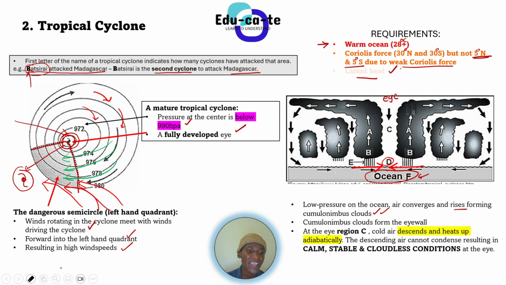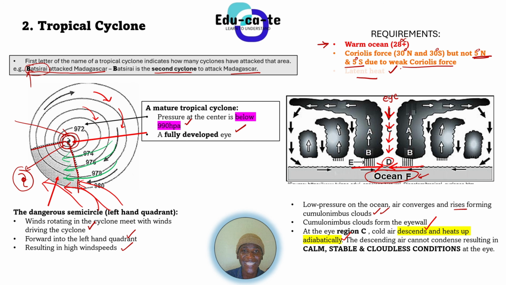You can see here we are given an arrow that indicates that we have got cold air that is descending. So at the eye, if they say explain why do we have those calm conditions, why do we not have clouds at the eye? Basically at the eye we have got cold air that is descending. And as this cold air descends, it heats up adiabatically.